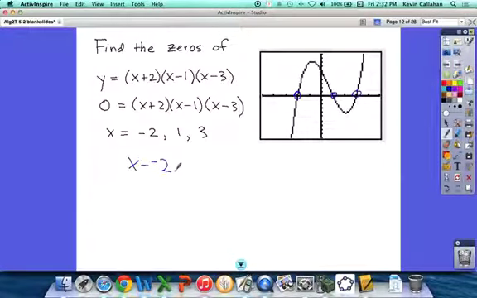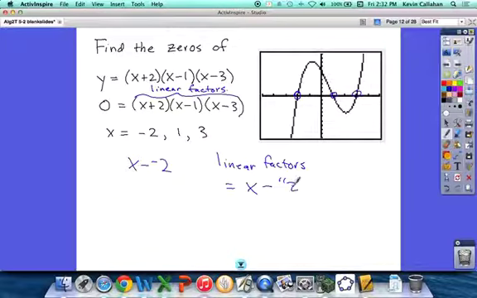Right? So it works. So these linear factors are equal to x minus the 0, whatever it is.